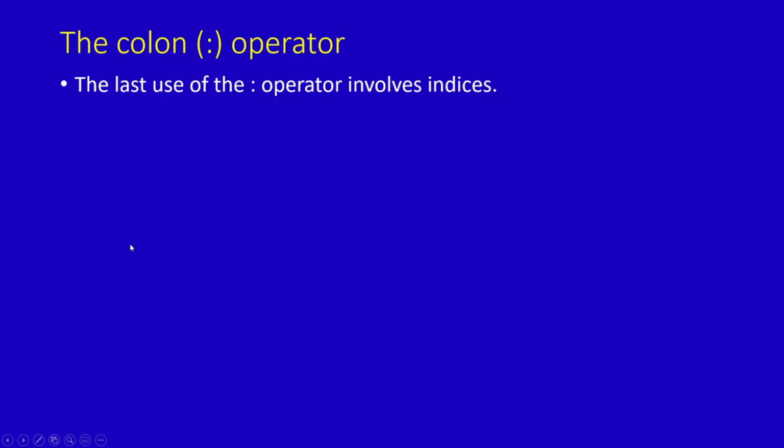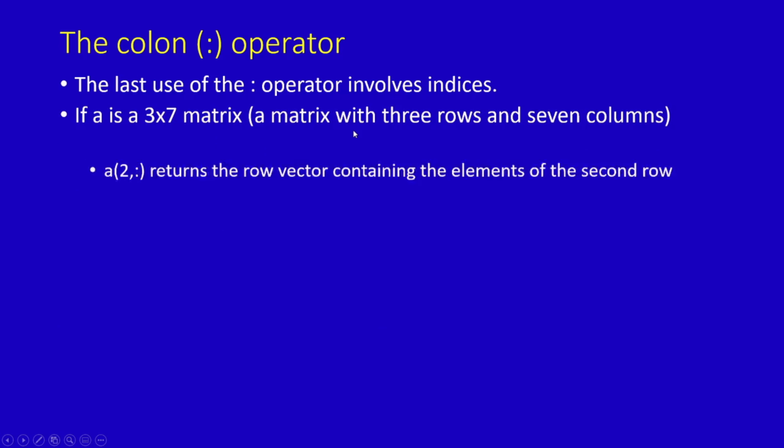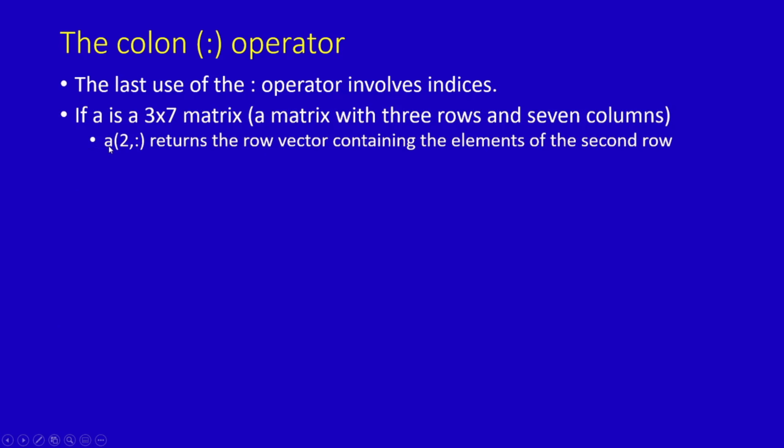So one last thing about the colon operator. You can use a single colon operator as a general index. Here's an example. If you have a 3 by 7 matrix A, and you do A(2,:), this says that in row 2, give me all the elements of that row.